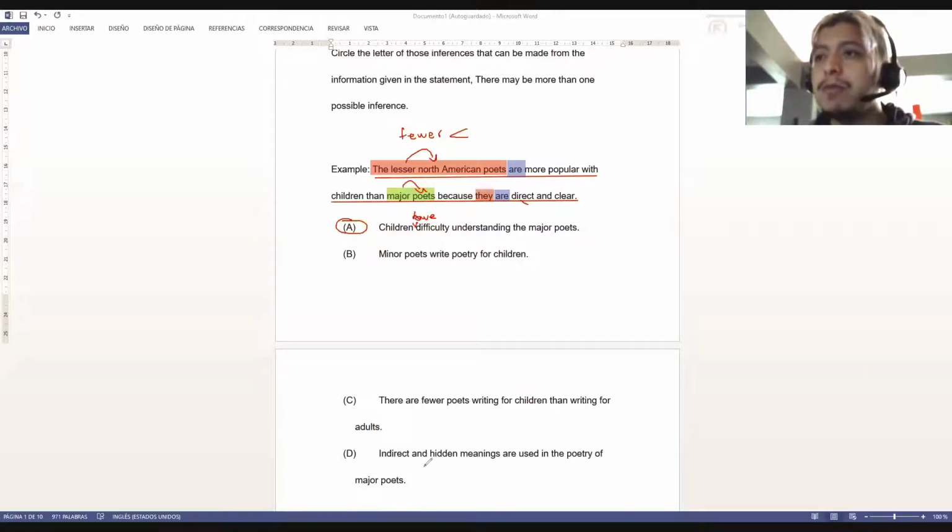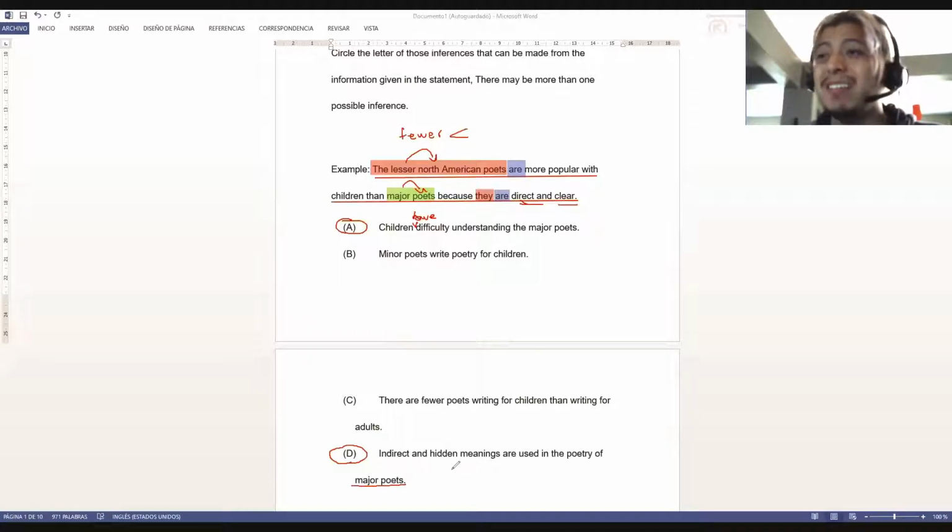So, indirect and hidden meanings are used in the poetry of major poets. The major poets are using hidden meanings and indirect meanings. It says that the lesser North American poets are direct and clear, so we guess that the major poets are the opposite of direct and clear.